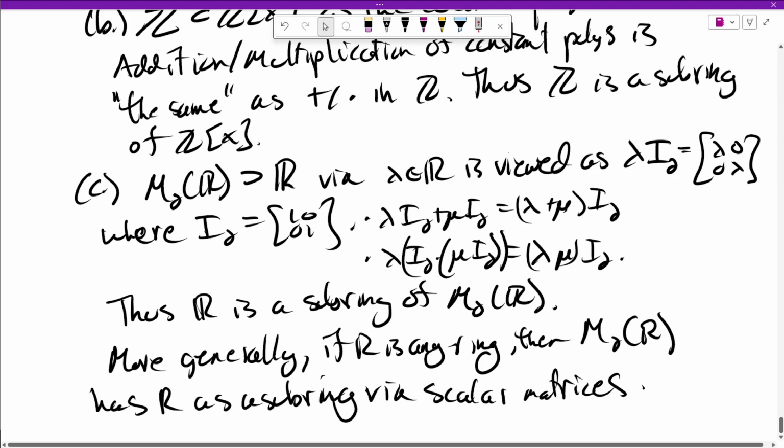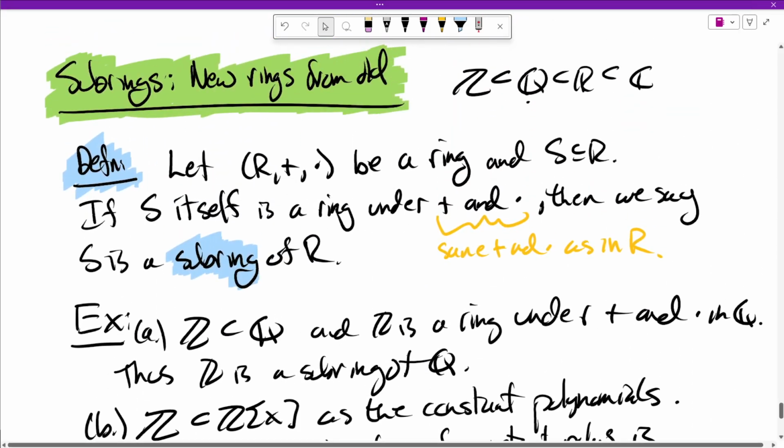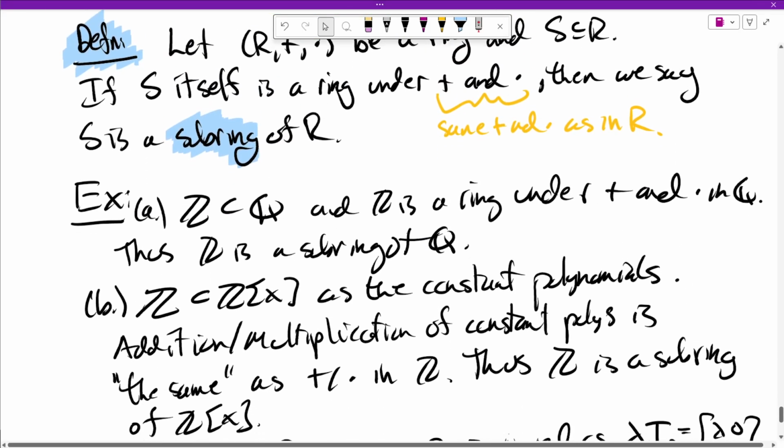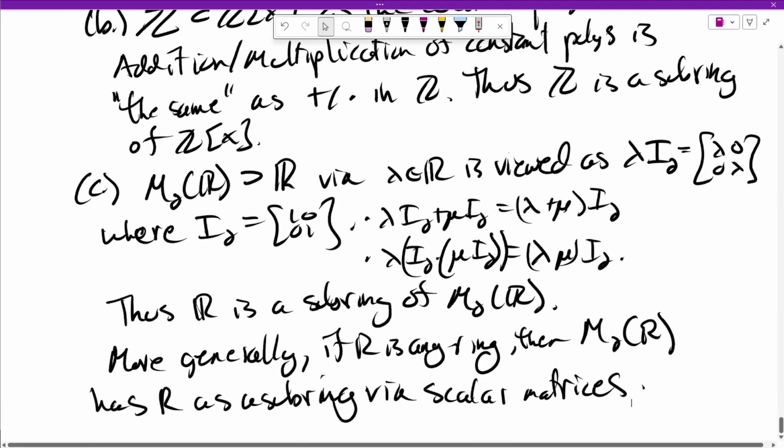Okay, so these are all great examples of subrings, in addition to the chain of inclusions we had at the beginning. In the next video, we're going to develop a test to determine if what we have is indeed a subring.